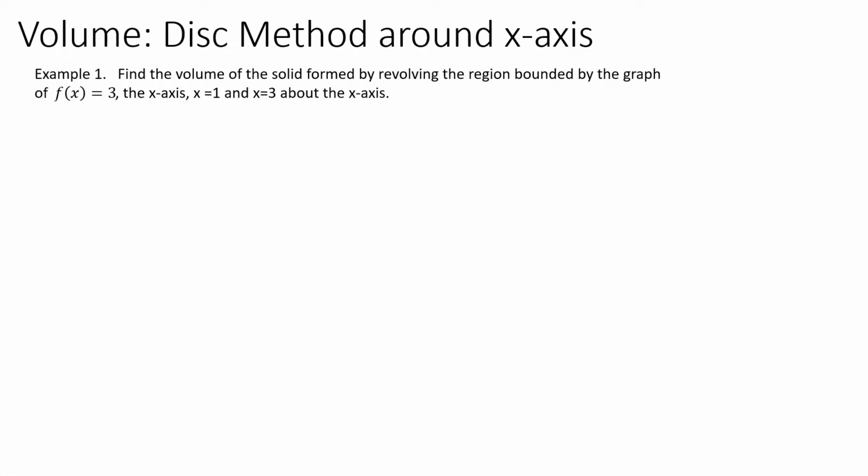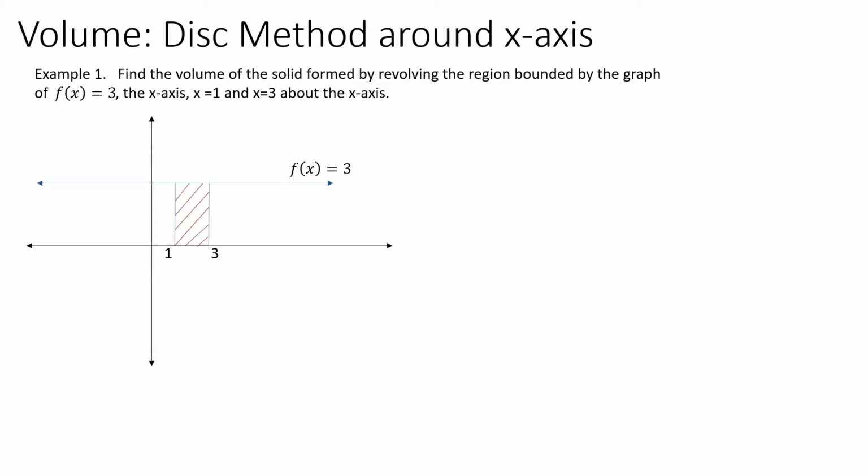Now let's look at example 1. Find the volume of the solid formed by revolving the region bounded by the graph of f of x equal to 3, the x-axis, x equal to 1, and x equal to 3 about the x-axis. Here's a sketch of f of x equal to 3, and here is the area that you want to rotate about the x-axis. You should be able to visualize the shape of a cylinder, where your radius is your function, f of x, to the axis of rotation.